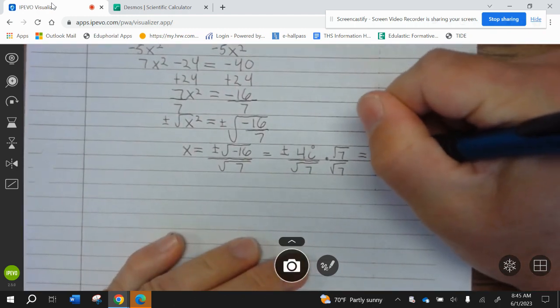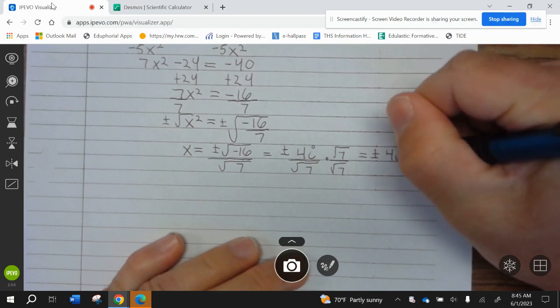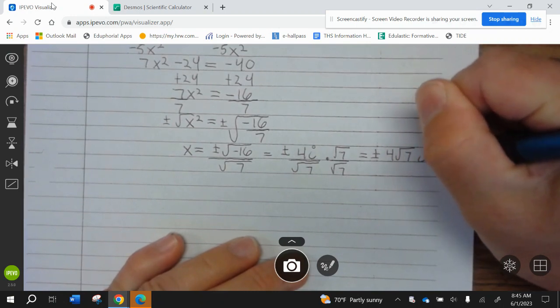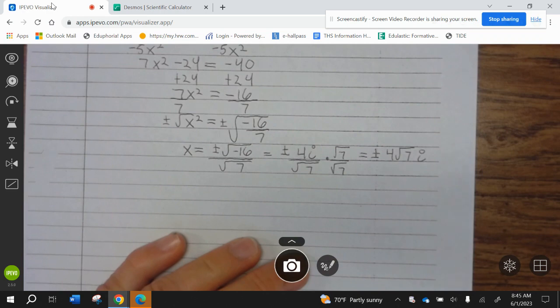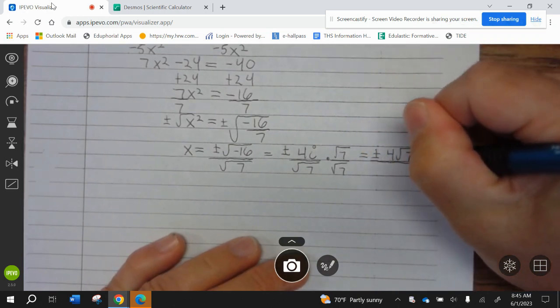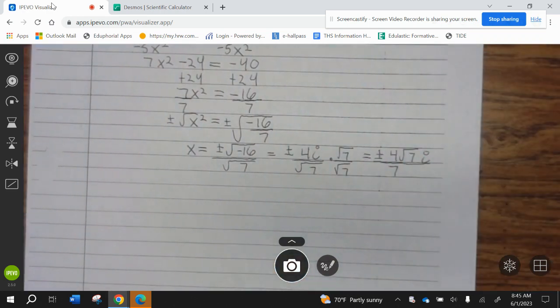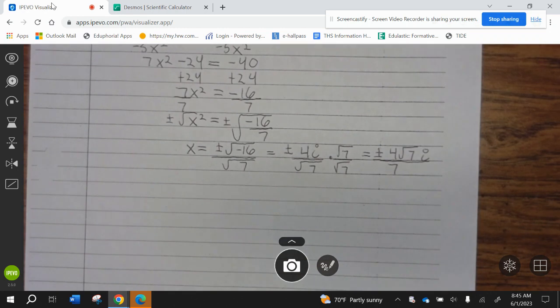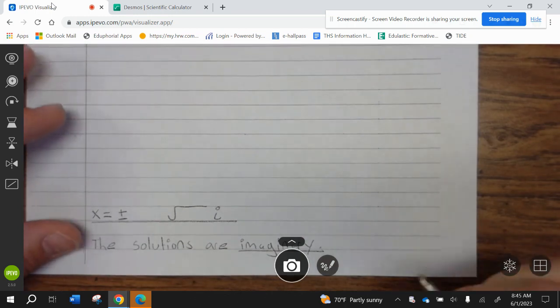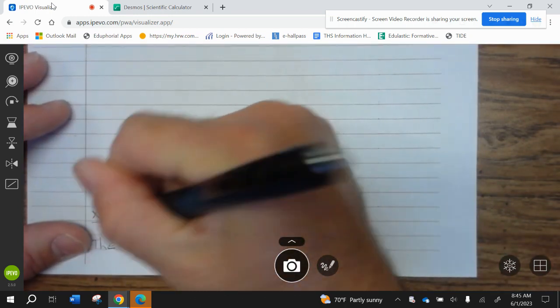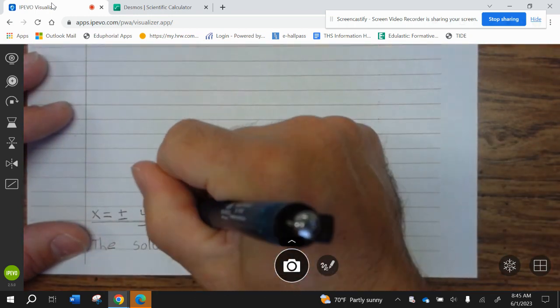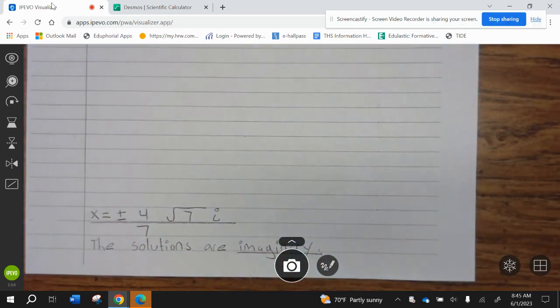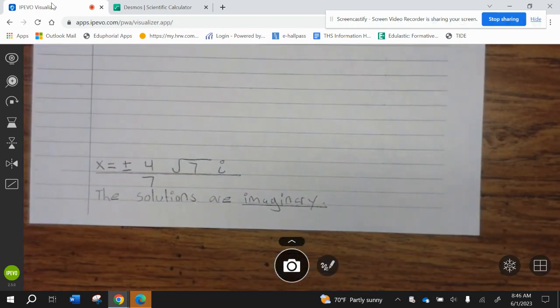So that equals plus or minus 4 square roots of 7i divided by 7. All right, so x equals plus or minus 4 divided by 7, square root of 7. So the solutions are imaginary.